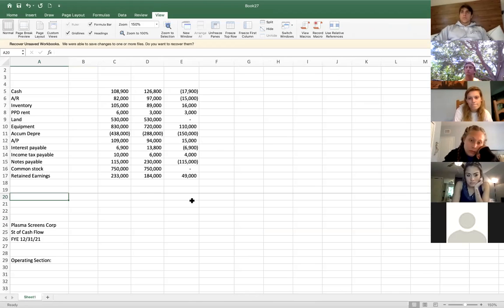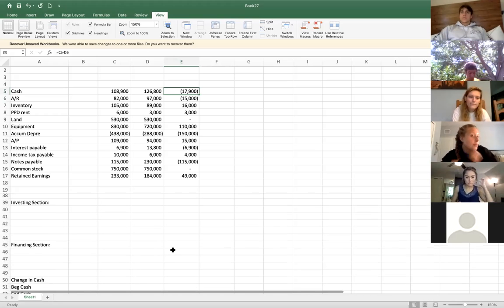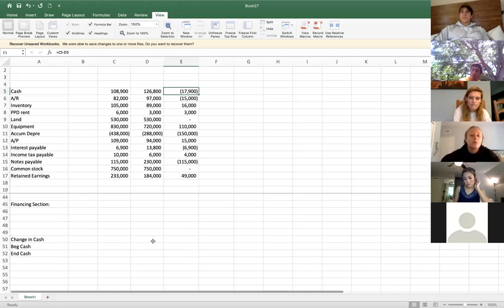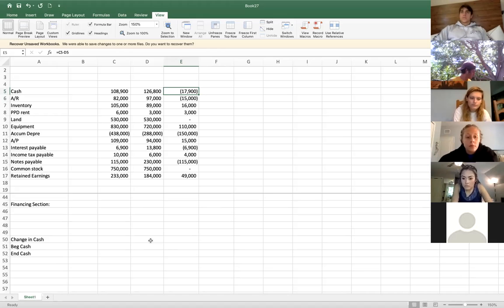Now, the cool thing about this statement of cash flows is you know your answer. Delta cash is your answer. And looking at what the statement of cash flows looks like, we know that down at the bottom we need to come up with the change in cash. And I know the change in cash is a decrease of $17,900.